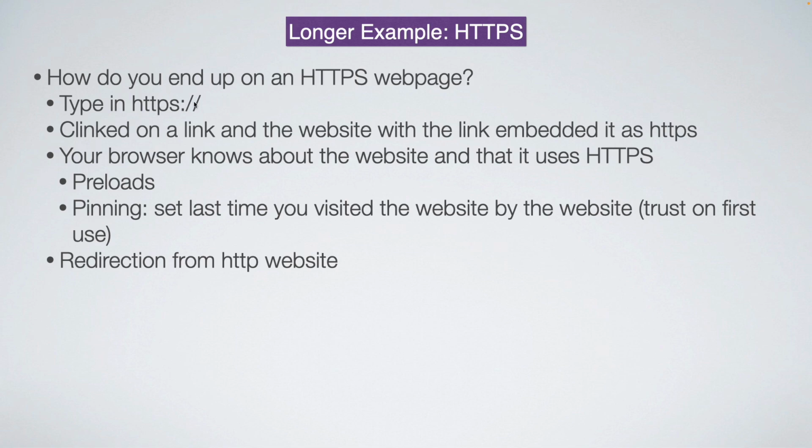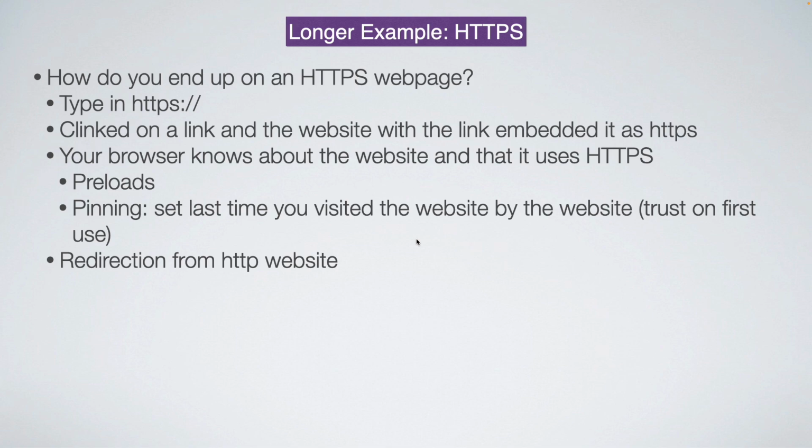Now most of us aren't typing URLs in manually. Usually we're following links. We're clicking on things. And so whether we end up on HTTPS or not depends on where we followed the link from. So if I'm on Google's search results page, Google has a choice when they give me the link to some other site, like Concordia.